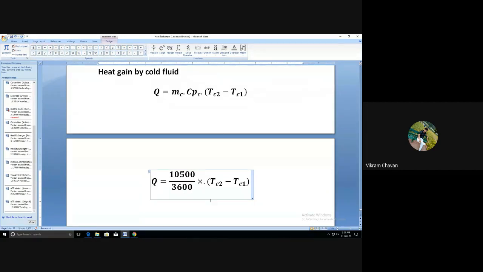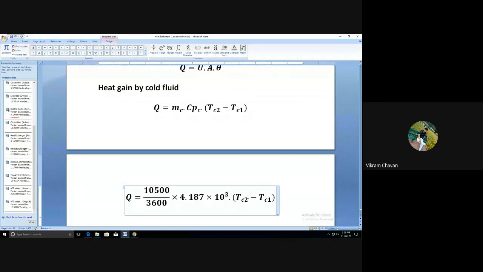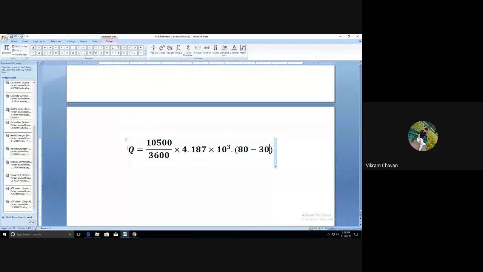How much is CPC provided? 4.187, and it is in kilojoule, so we have to consider 4.187 multiply by 10 to the power 3. TC2 is 80 degree minus TC1 is 30. So do the calculation and find out Q, and please let me know your Q value.